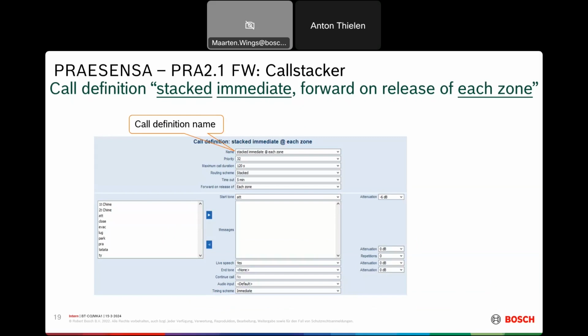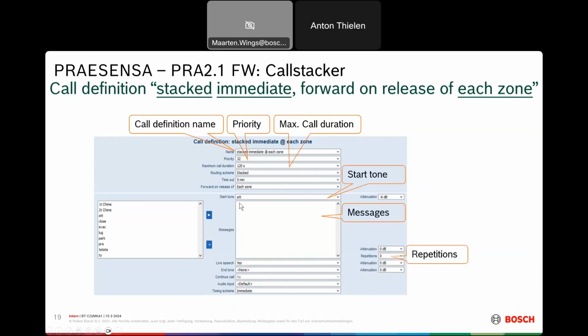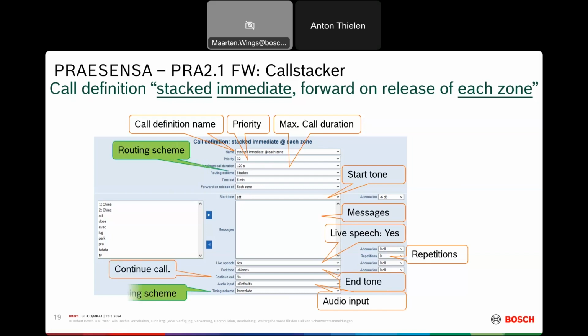And how do you configure this? Stacked immediate at each zone, and forward on release of each zone. That's the important one. First of all, you have the stacked routing scheme set, which enables the call stacking feature.